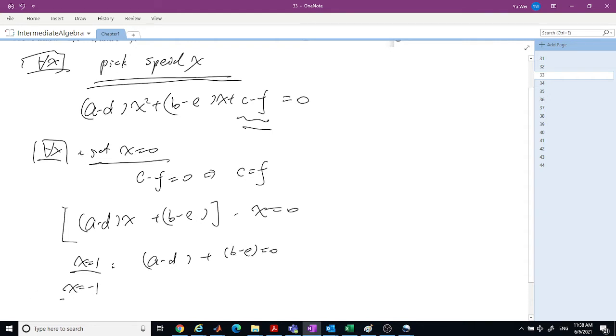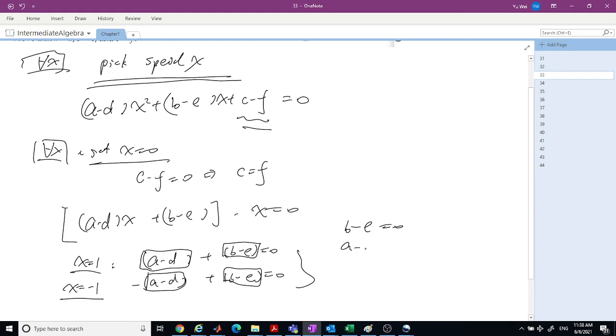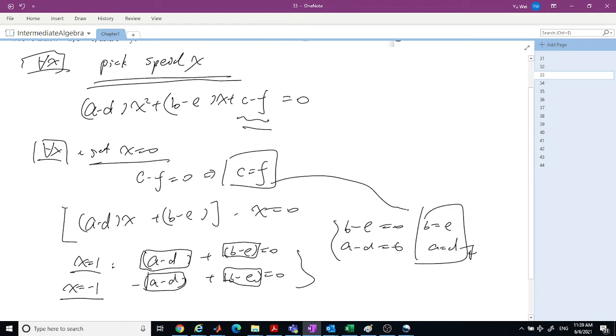Set x to -1. We have a minus d plus b minus e equals 0. Solving this, we take a minus d as one variable and b minus e as the second variable, right? We see b minus e equals 0 and a minus d equals 0, so we can solve as b equals e and a equals d. And together with c equals f, then we can combine to prove it.